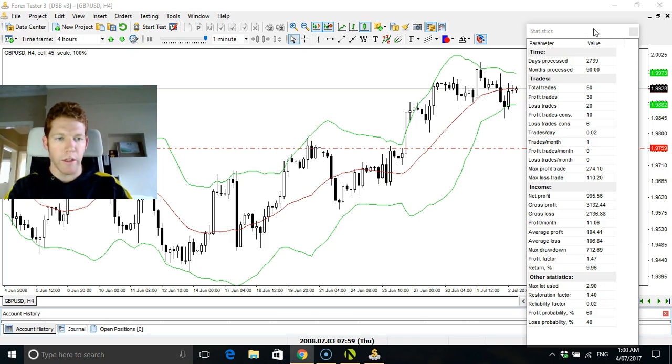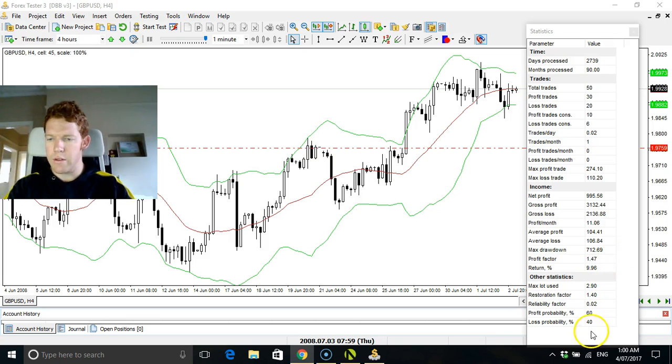I'm not doing the original DBB alert method, so this is just the Bollinger Band with the 20-day moving average midline. These are 2 deviation bands, so that's what you're seeing. We're doing the pound US dollar 4-hour chart, a 90-month process with 50 trades taken, and a 9.96-month process previous test.